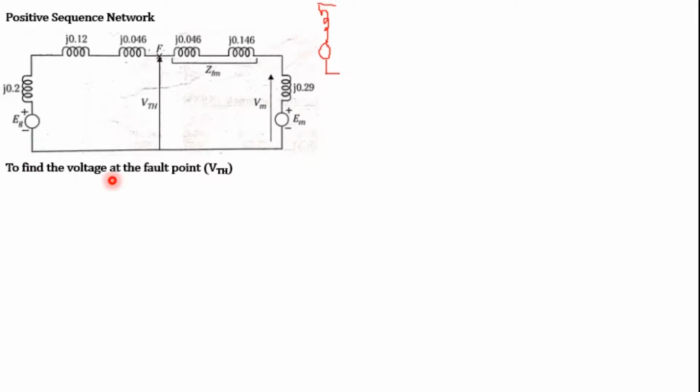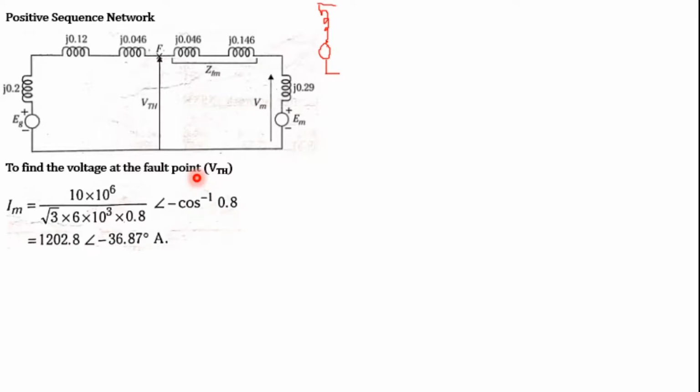So to find the voltage at the fault point, because the actual values and the base values are not mentioned. Okay, it is given in the problem that the motor is working at 10 megawatt, 0.8 power factor lag and 6 kV. So this is the actual value.